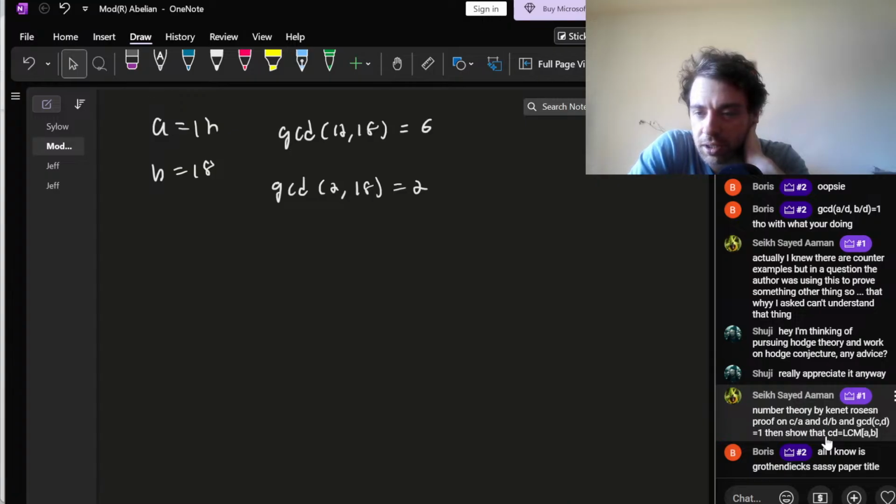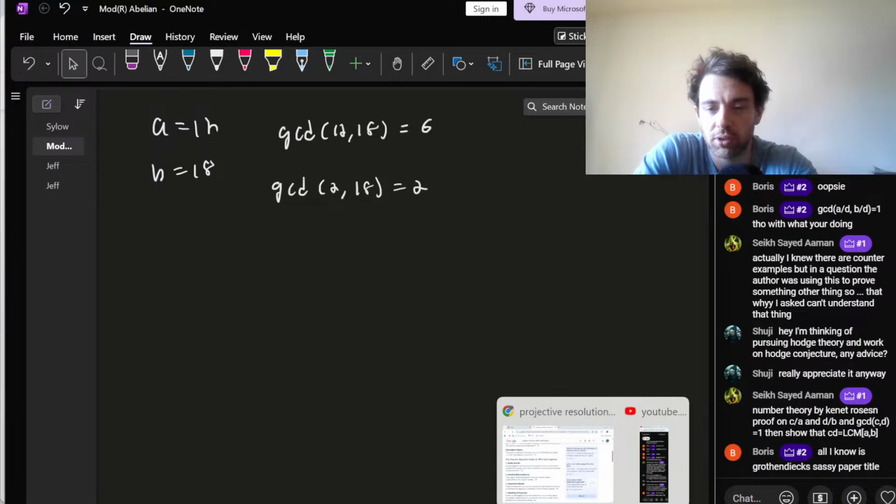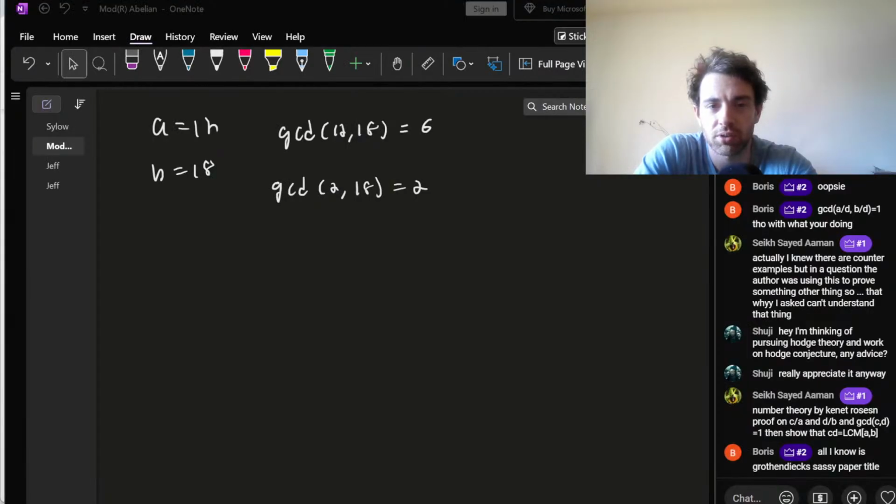Number theory by Kenneth Rosen. Grothendieck's sassy paper title, what's his? Oh, about the rational Hodge conjecture being false or something?